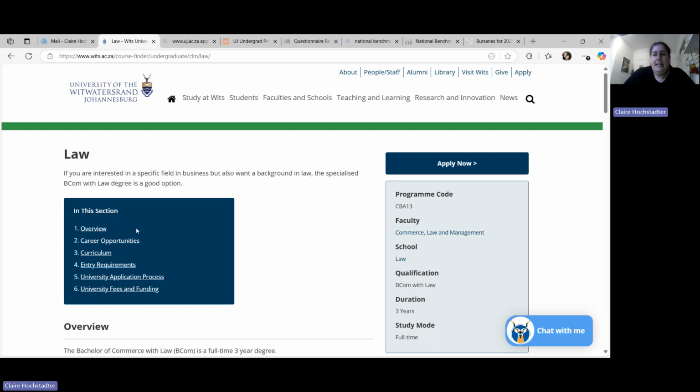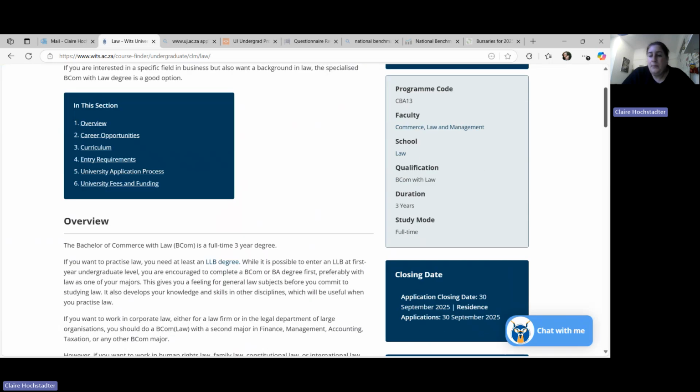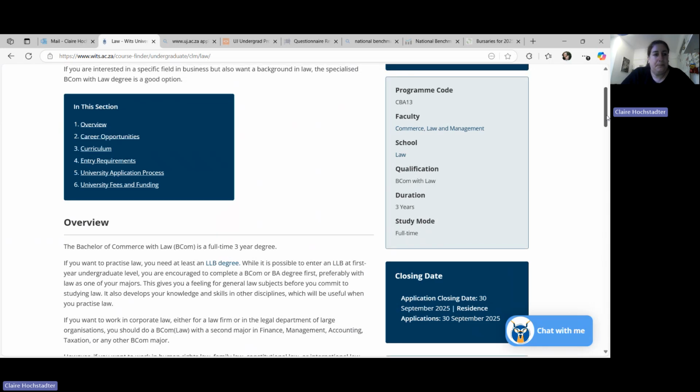When we open it, it gives us so much more detail in regards to what it is actually about. And this is where it's really, really important, because you may say that I'm interested in law, or you may say that I'm interested in business, but each of the courses is very nuanced. So you have to make sure you are applying for the best one.